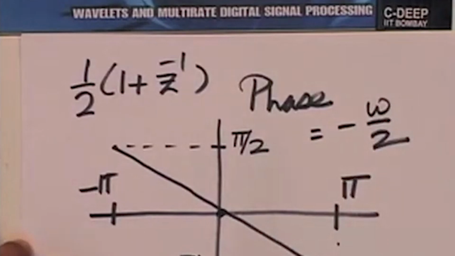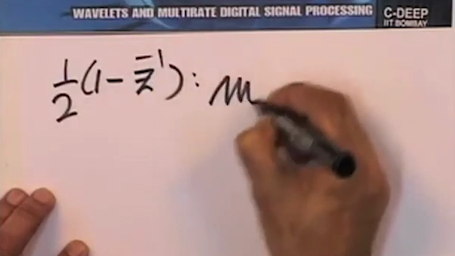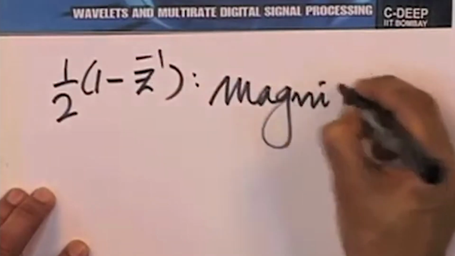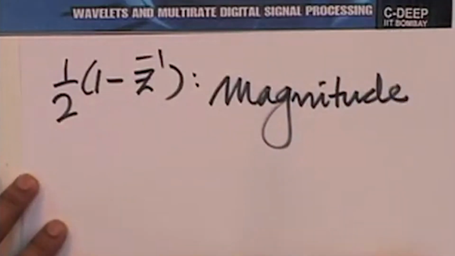For the second filter, the overall magnitude response looks like this.